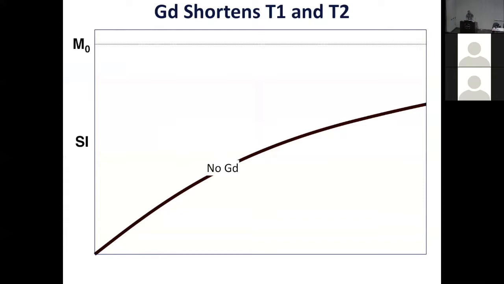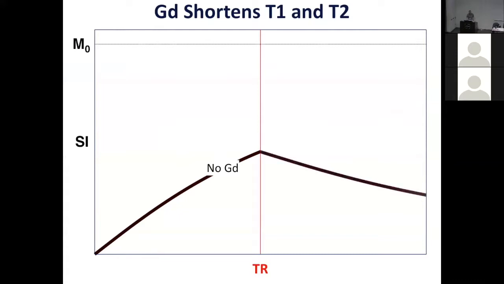We typically wait a so-called repetition time to image it. So a tissue without gadolinium, after a repetition time of TR, will have this much signal. But we don't listen to the signal right away. We actually allow the signal to decay. And remember that the decay is governed by a different exponential called T2 decay.